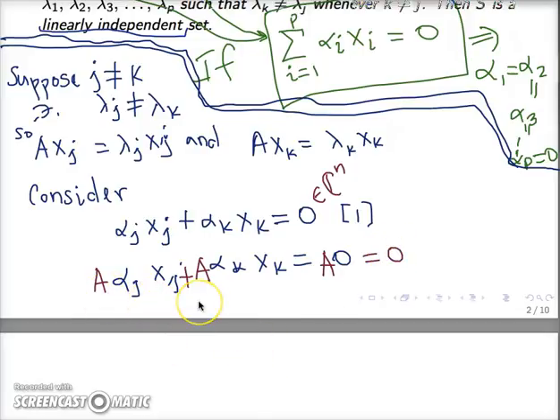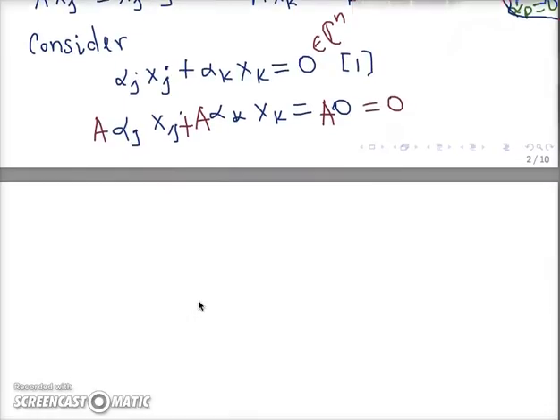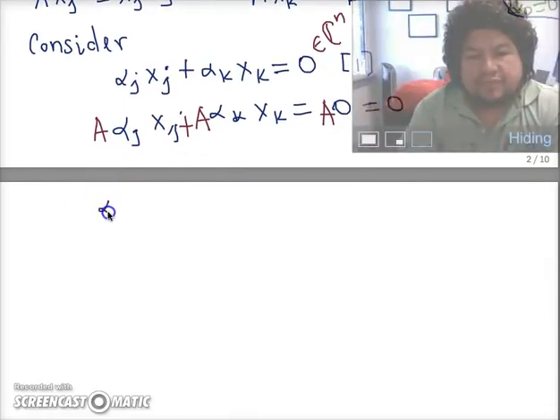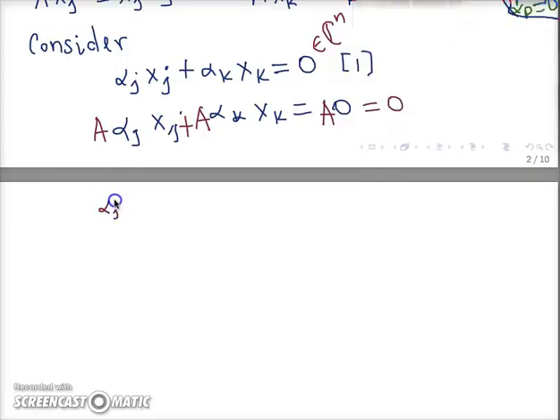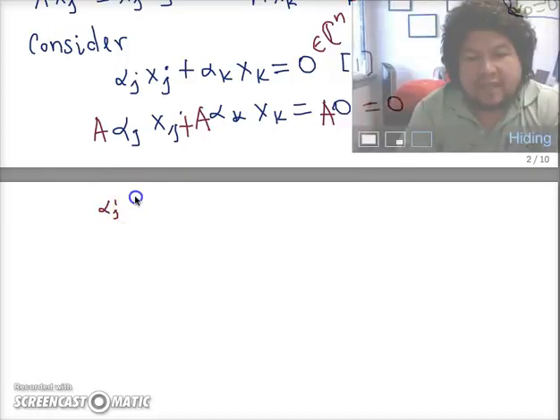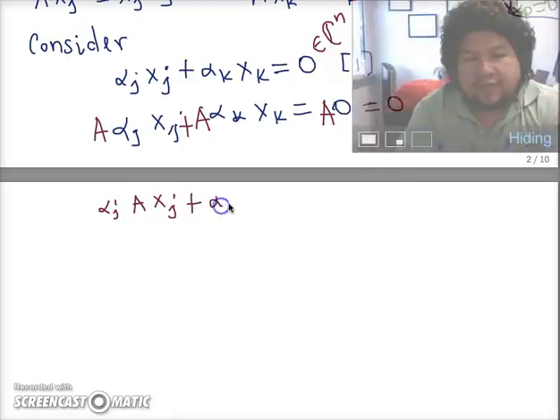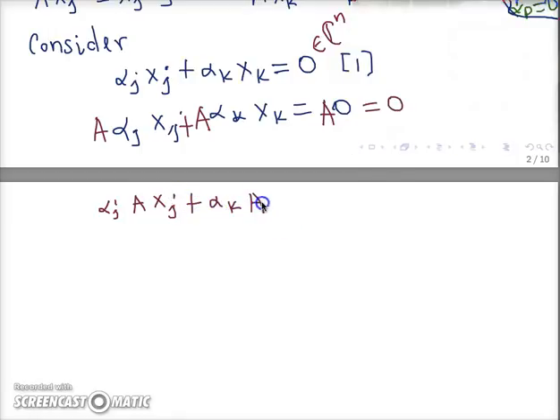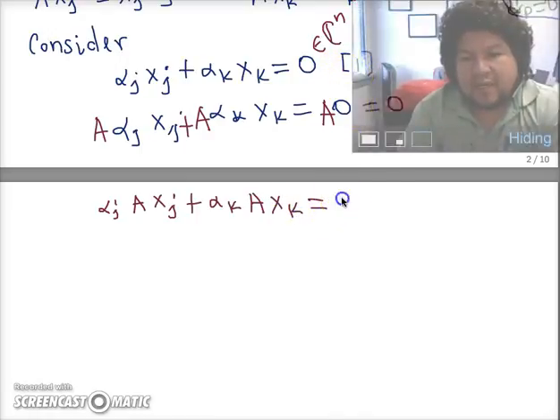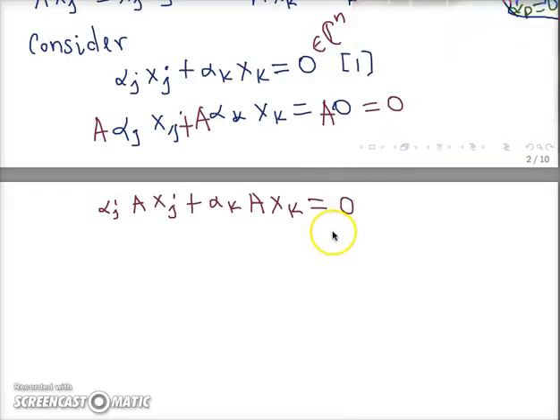And in intermediate steps of this product, I can pull the scalars alpha j up front, and so I have alpha j times A times x sub j, and then I have alpha k times A times x sub k. That's for the left side of expression 1, and the right side still remains as the 0 vector.